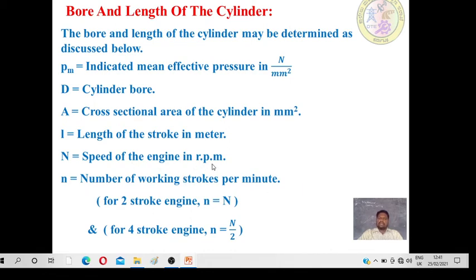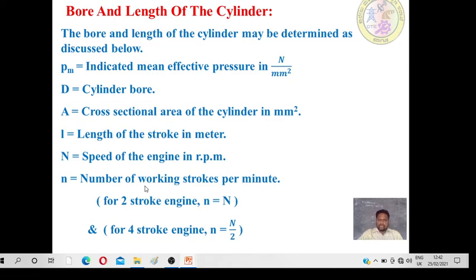You know that RPM means revolutions per minute, that means the number of rotations the crankshaft makes in 1 minute. If you want to know the number of working strokes, for a 2-stroke engine, for each revolution of the crankshaft, we have 1 working stroke.